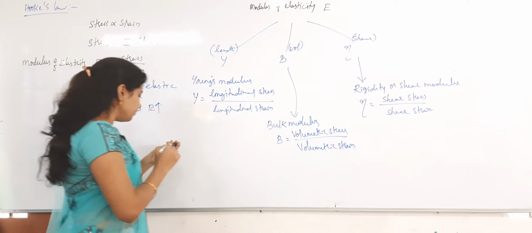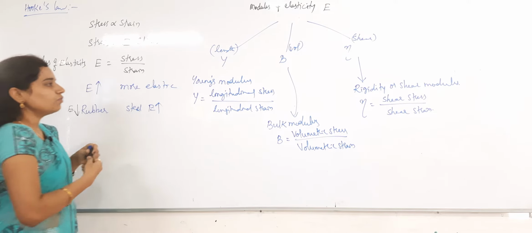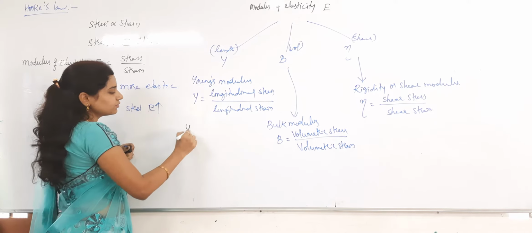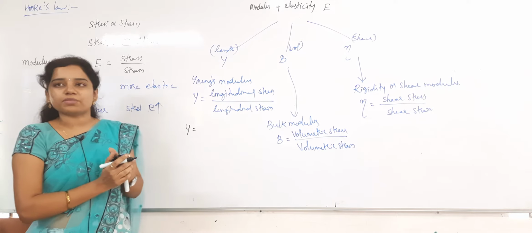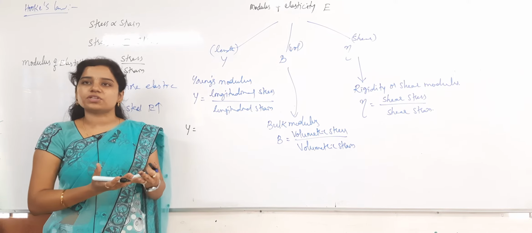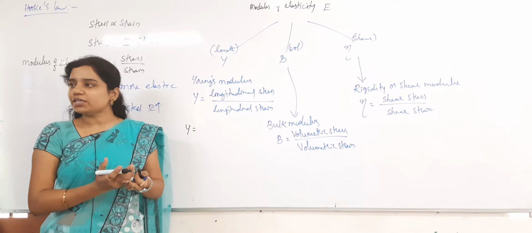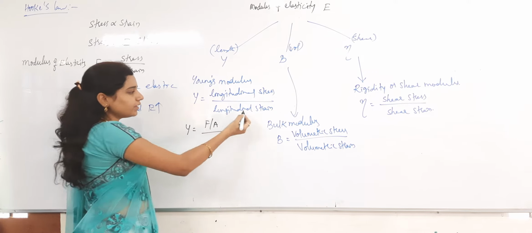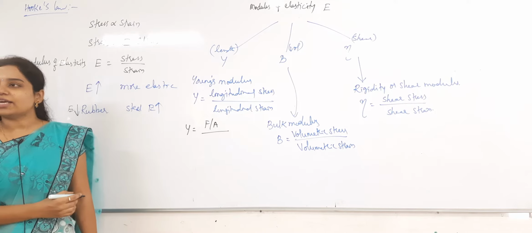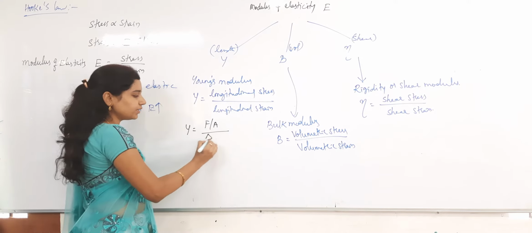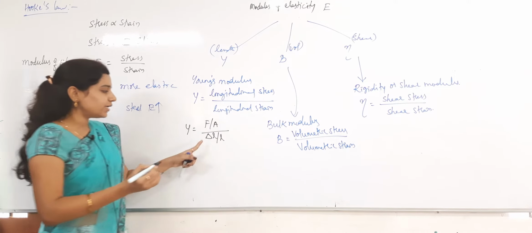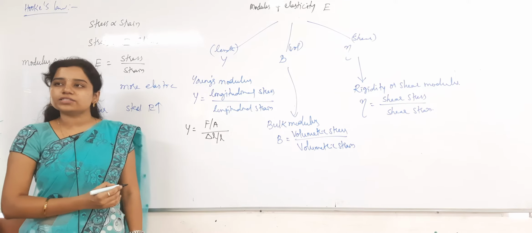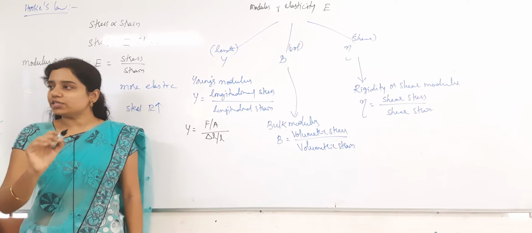So here whenever you come to the Young's modulus, what is the longitudinal stress formula? F by A, that might be any stress. What is the stress formula? F by A only, force by area, F by A. And then longitudinal strain formula is what? Delta L by L. And also this delta L we can call it as even elongation, that I can denote with small e also.